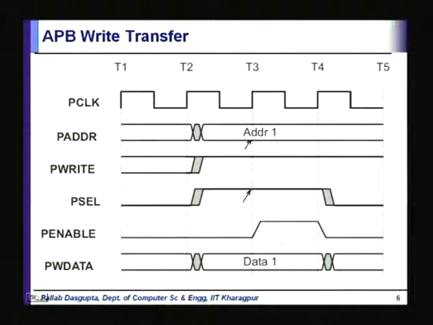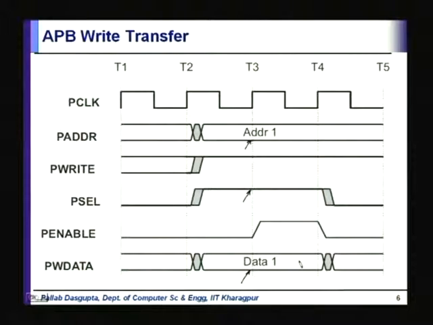Now this is for a write transfer, so the data is also floated at the same time. So see what has happened here, because this is a write transfer, the master, which is the bridge, raised the P cell, floated the address and also floated the data, because it is going to write, it has the data, right.